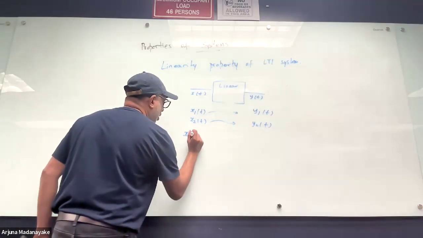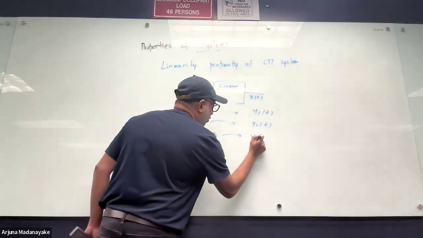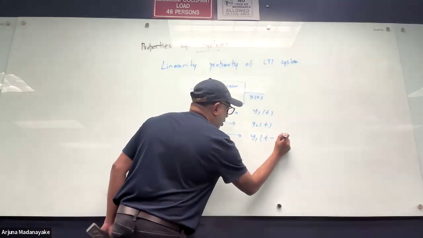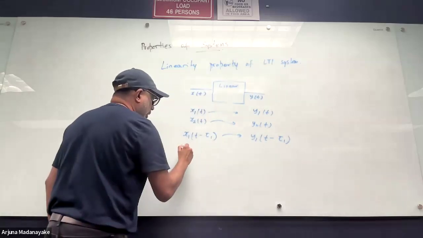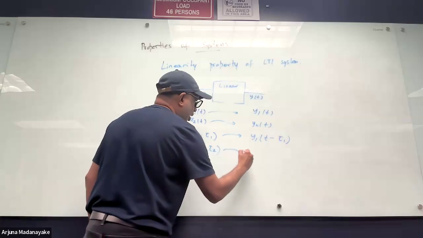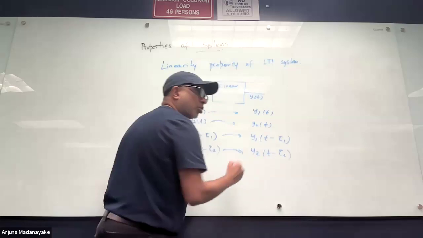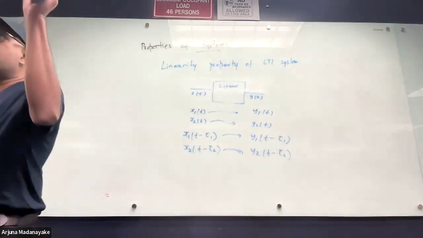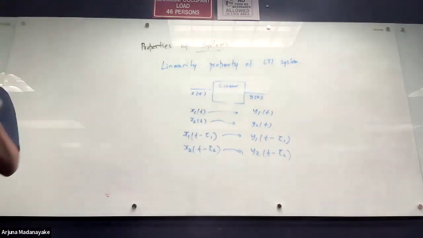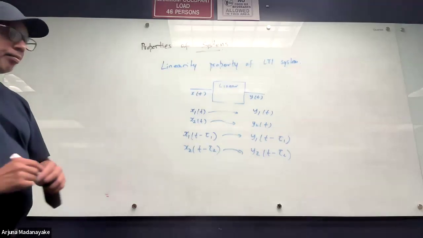I take x1(t - tau1), and it produces y1(t - tau1). And x2(t - tau2) produces y2(t - tau2). Individual delays on the individual signals produce the corresponding individual delays on the corresponding output paths, right?